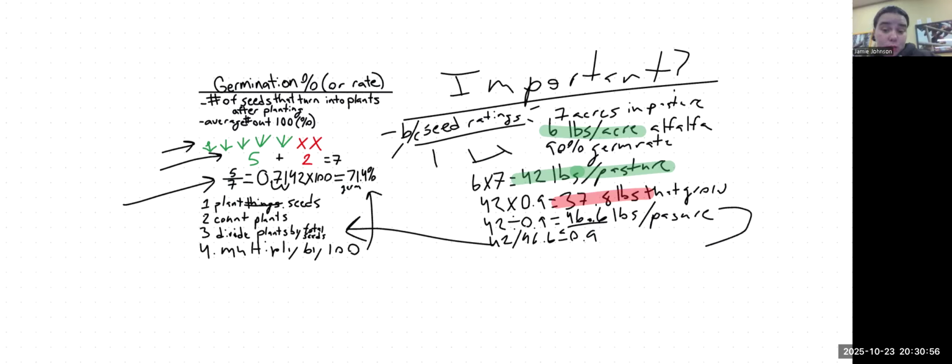At $1 a pound, 46 minus 42 is $4. So I spent an extra $4 to make sure that my whole pasture gets seeded. Now that isn't always the case. It doesn't always work like that, where buying enough seed to make sure that all the seed comes up works. But that's just an example of why you would overseed, or why you would account for a germination rate.